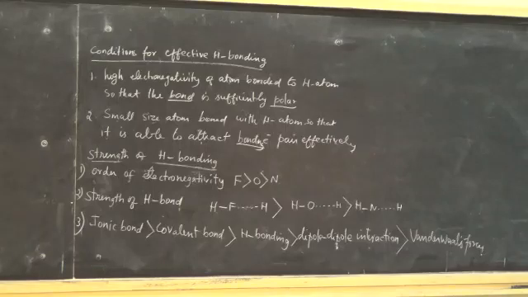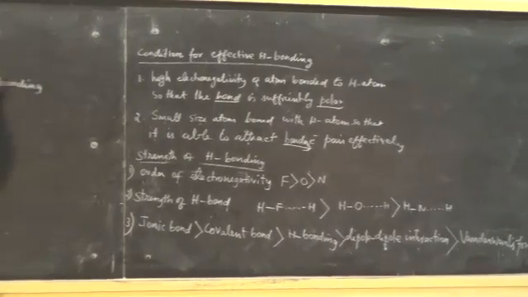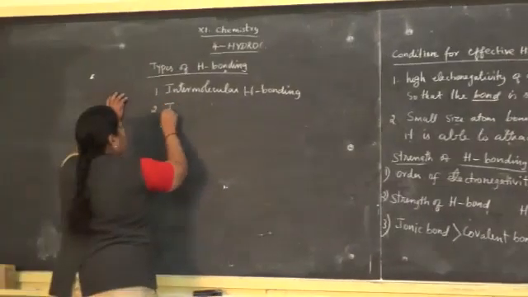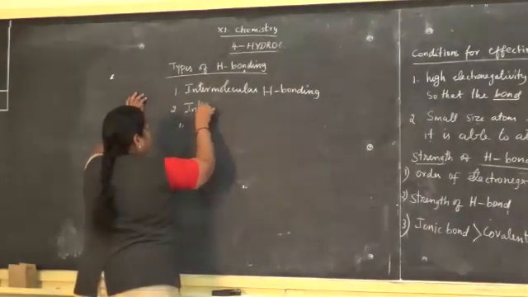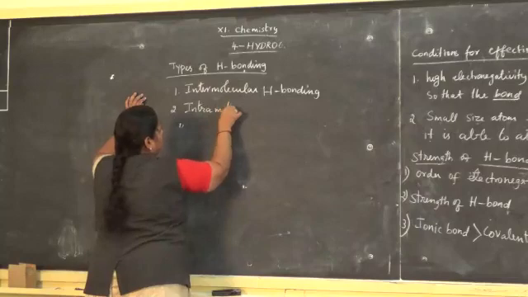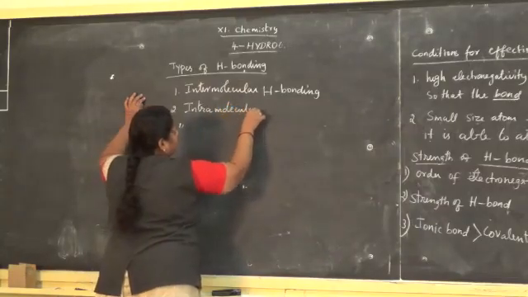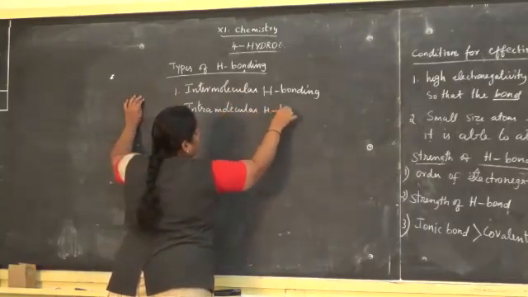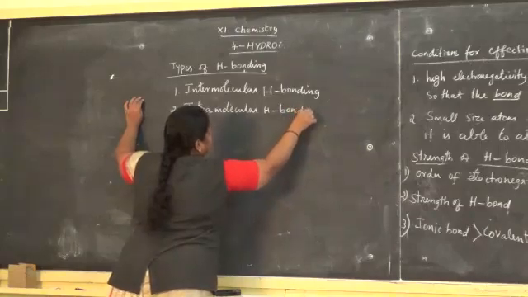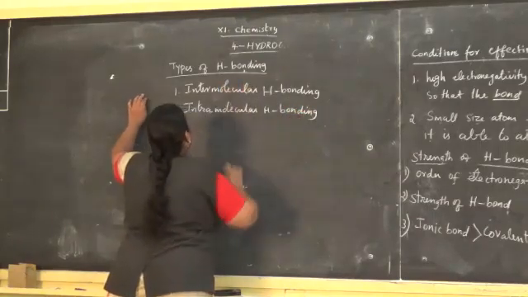There are two types of hydrogen bonding. One is intermolecular hydrogen bonding. Second one is intramolecular hydrogen bonding. We discuss these types of hydrogen bonding one by one.